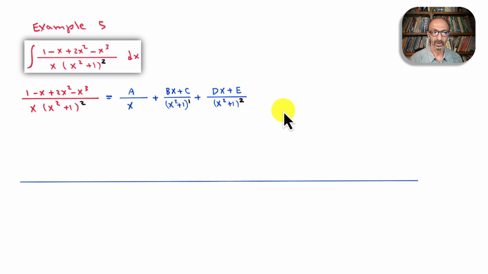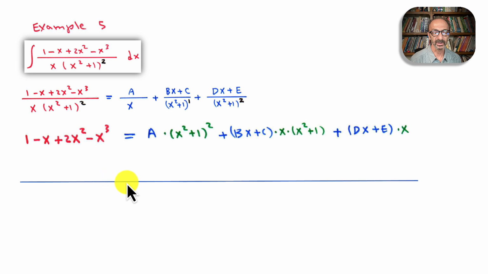This right here we multiply by x times (x squared plus 1) to the second. After doing the math, comparing the numerators, the new numerator is this much. Remember the last one we multiplied by x? That's what's missing. So the top part will be dx plus e multiplied by x.